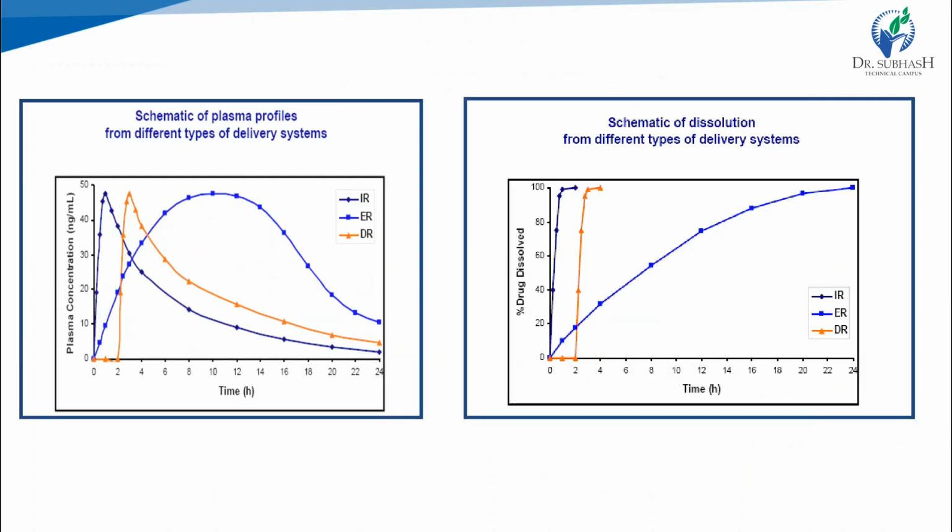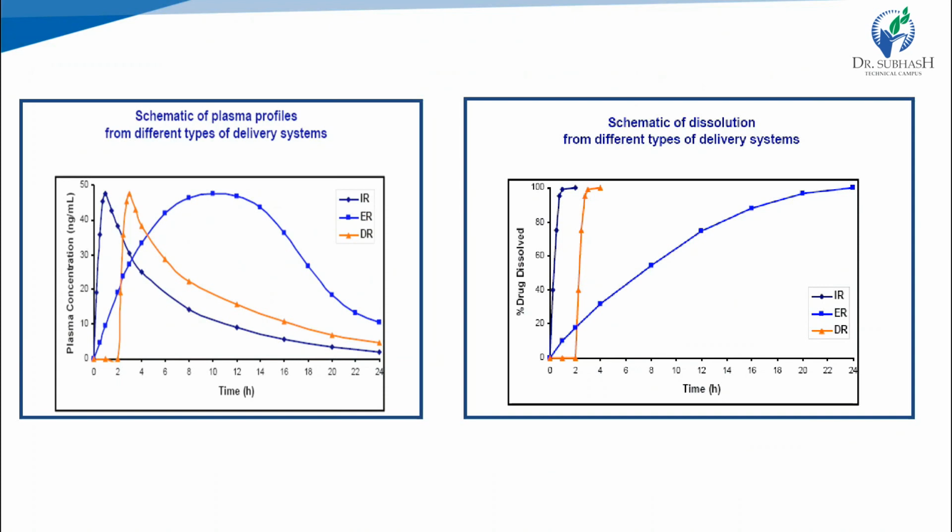Here is another schematic diagram of sustained or extended release compared with immediate or conventional release. In the plasma concentration versus time figure, the first, the black line, is the immediate release. For example, within one and a half hours we get the maximum drug release.